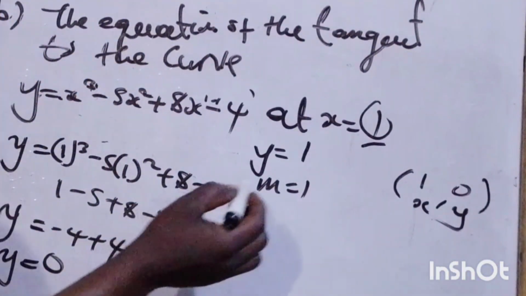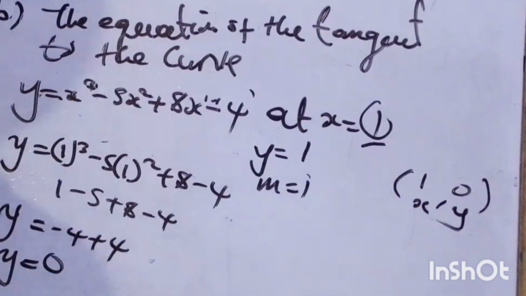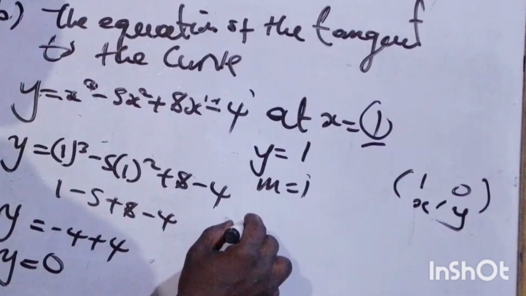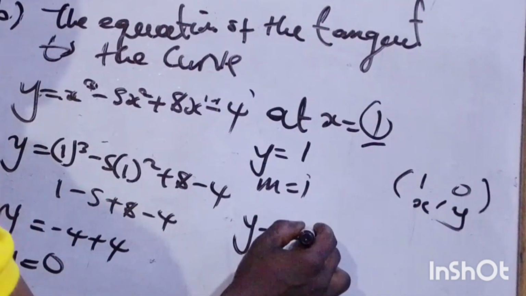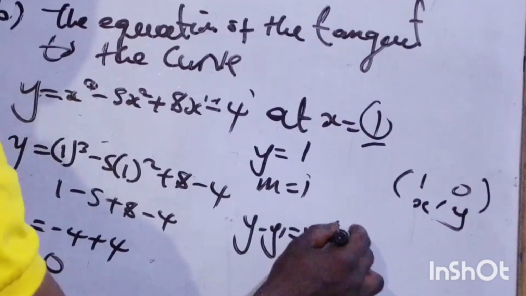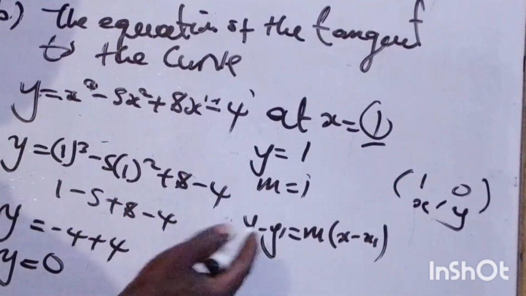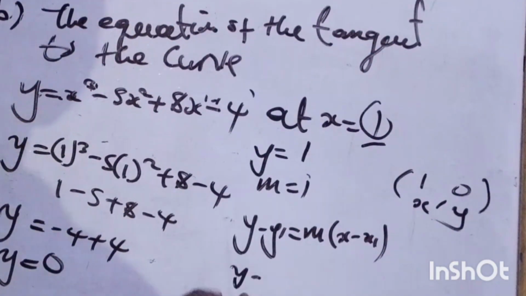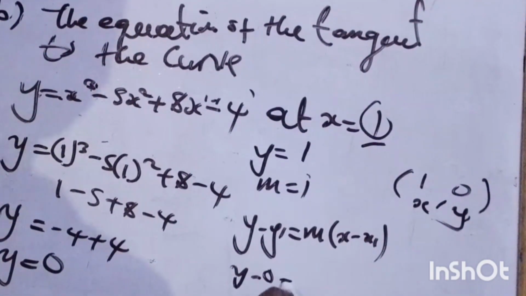So now, since we have found the value of the gradient and these two coordinates, now we can find the equation. So we are going to say y minus y1 should be equal to m open bracket x minus x1 close bracket. Then now you substitute. Where there's y, here we have y minus, where there's y1, we have 0, equals our gradient, it is 1 here.